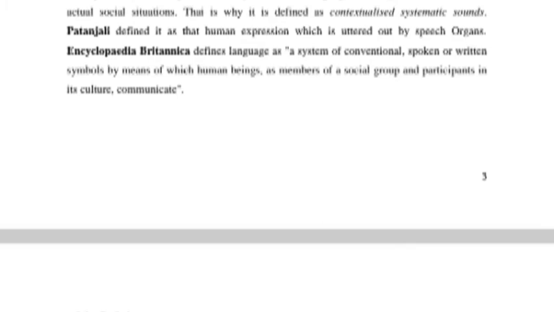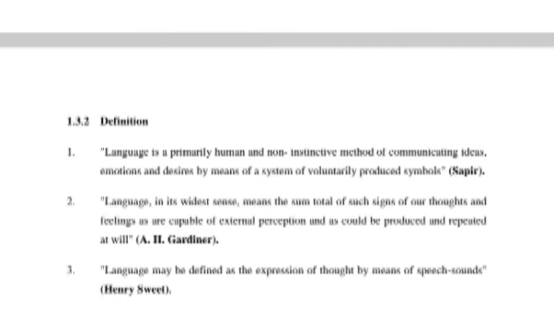In its broadest and most general sense, language may be said to be any means of expression of mental concepts by any living beings whatsoever, and of communicating them to, or receiving them from, other living beings. Language is a very complex human phenomenon. All attempts to define it have proved inadequate. In common parlance, it may be said that language is an organized noise used in actual social situations.